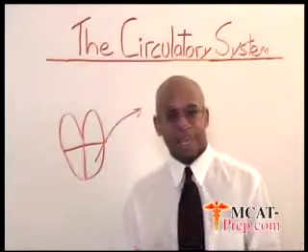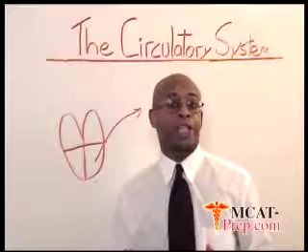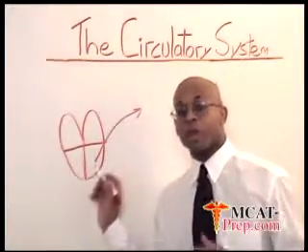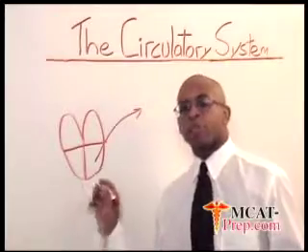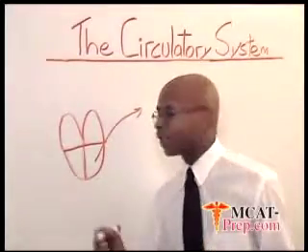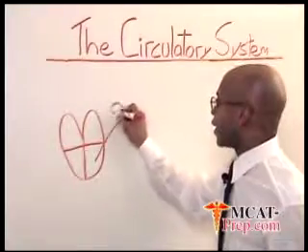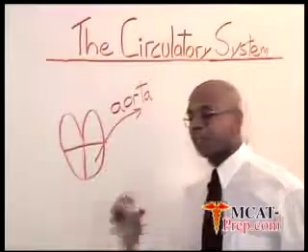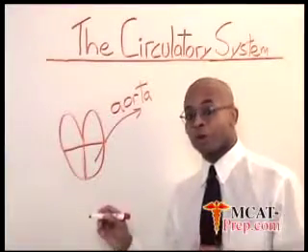So it's always like that. And so blood will be returning in the veins. So going away from the heart, from the left ventricle, will be the largest artery in the body, which is called the aorta.